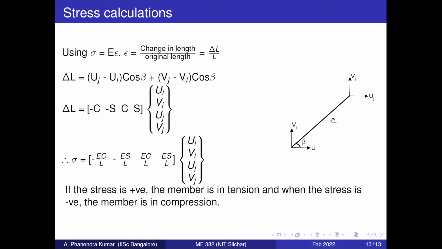In that case, even the structure will be subjected to temperature changes, right? So we need to consider the temperature changes also. In the next class, we will see how the temperature change will result in stresses in the member, and how we are going to include the temperature change part for getting the final stresses.